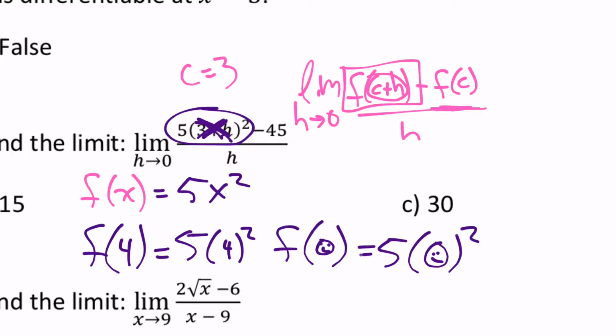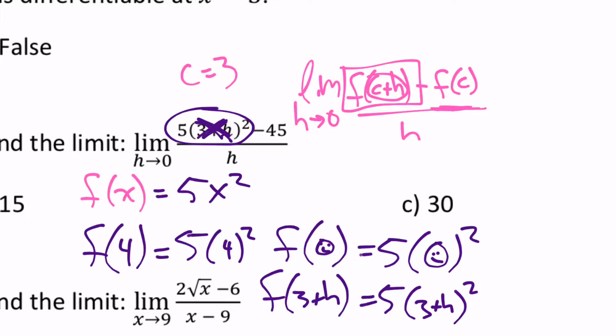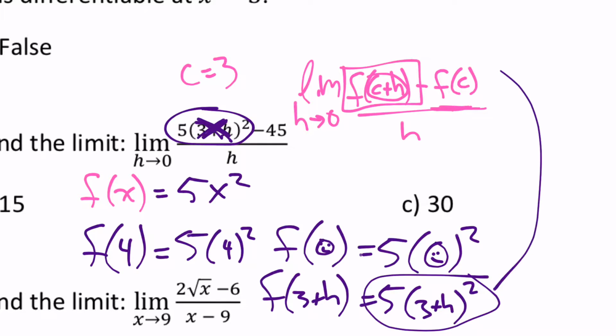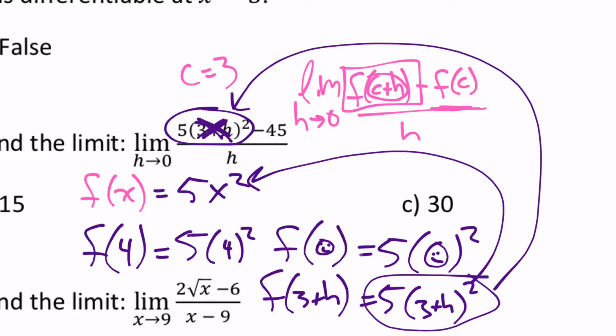And then I would just do everything else I'm supposed to do to x to whatever's inside the parentheses. So f of 3 plus h would be 5, but instead of x, I would write 3 plus h, and then I would square it, because f of x is 5x squared. Well, this is what I had up there to start with. You just need to work backwards to recognize that it's actually that function, 5x squared.